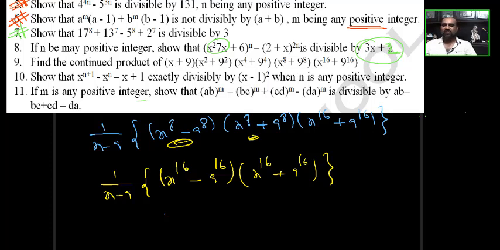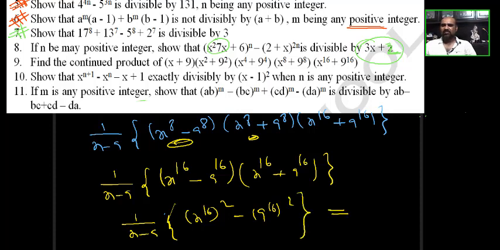That is x power 16 whole square minus 9 power 16 whole square. So I am finalizing, the result is nothing but x power 32 minus 9 power 32 by x minus 9. This is the continued product of the given problem.